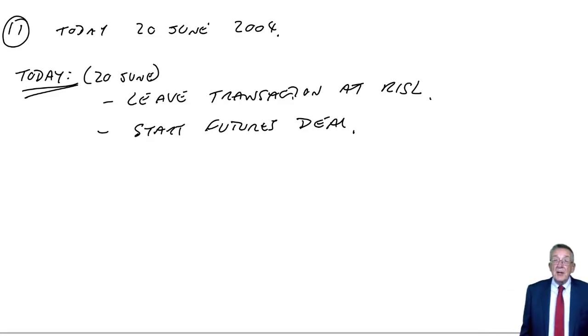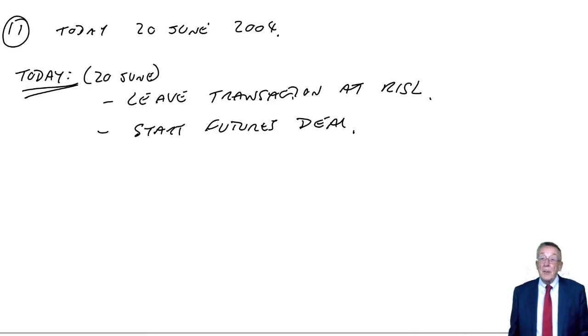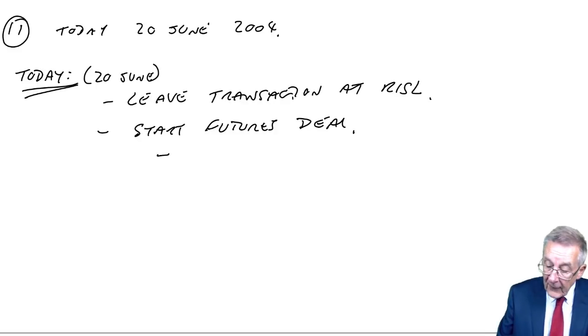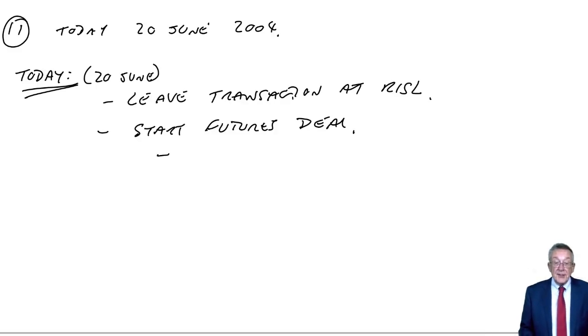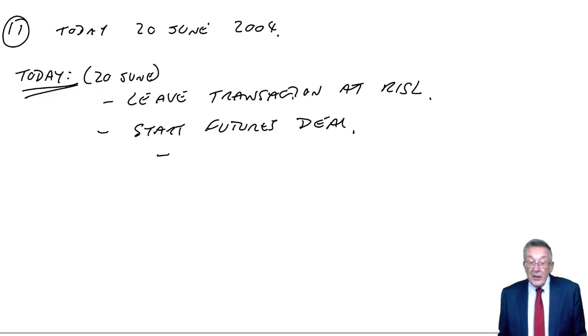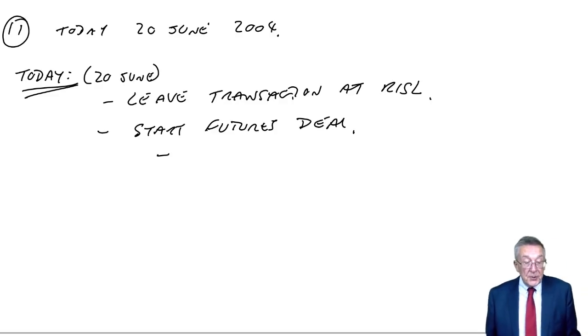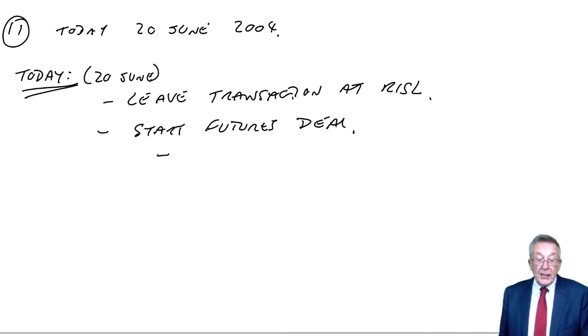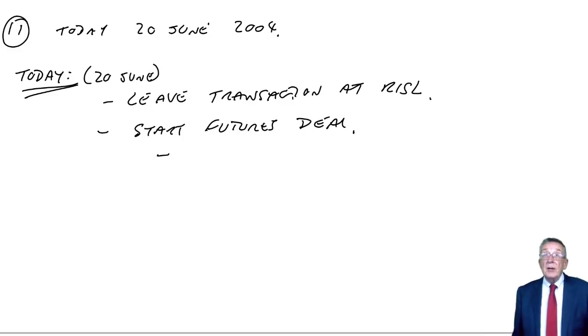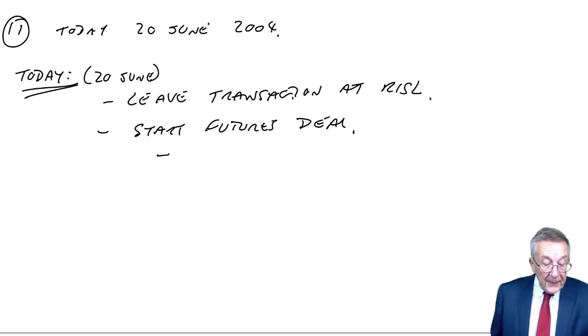Which futures are we going to deal in? Are we going to buy or sell? What are we going to tell the dealer when we ring up? Make sure these things stand out in your answer, so that it's clear for the marker. First of all, which futures are we going to use? Well, the transaction's on the 12th of September. We'll finish the deal, therefore, on 12th of September. We want the first future after that date. June's no good, it must finish at the end of June. But the first one, the one we'll go for, is September.